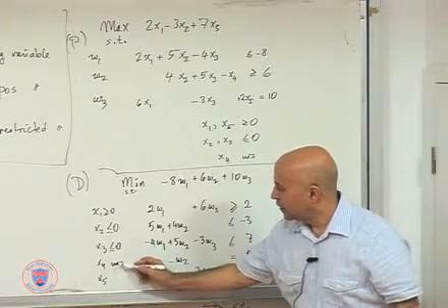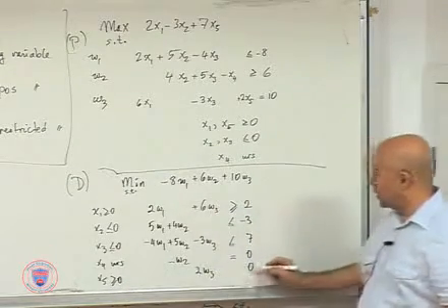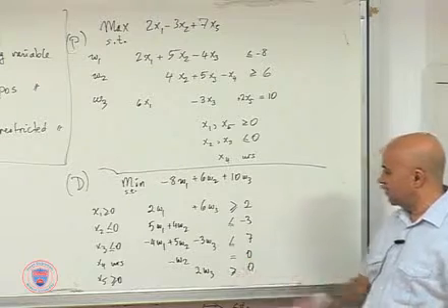And x5 is non-negative, which means the last constraint is greater than or equal type.